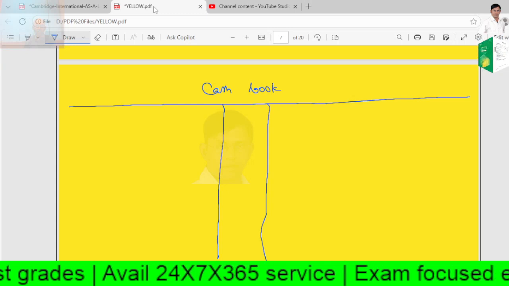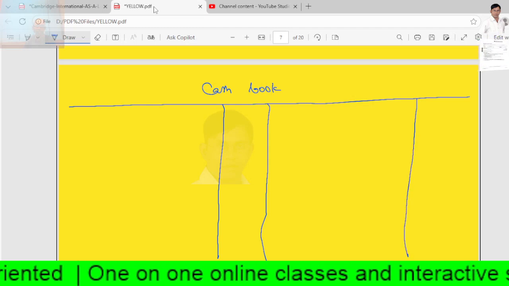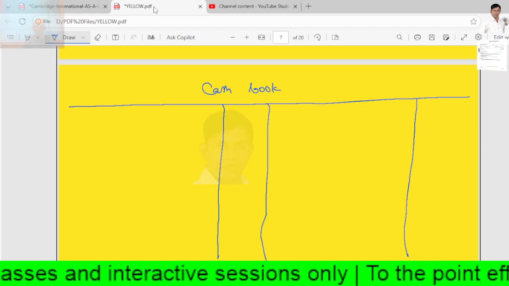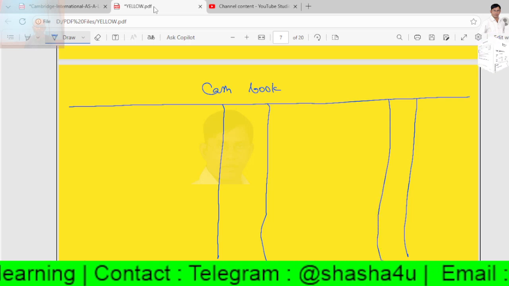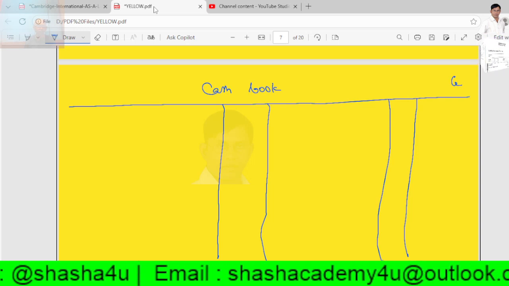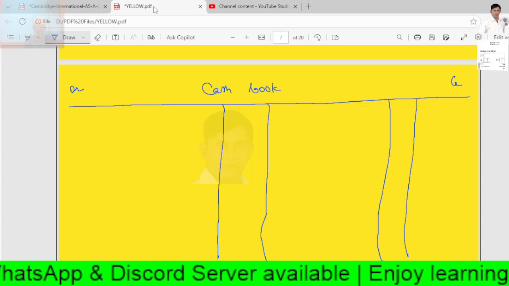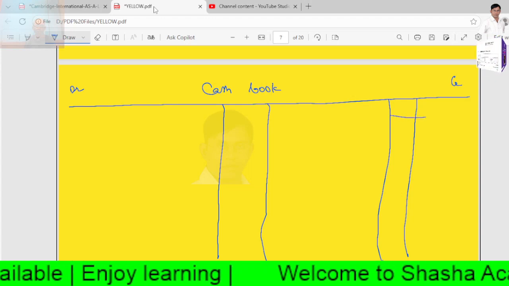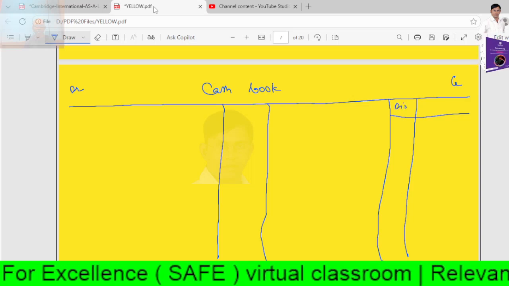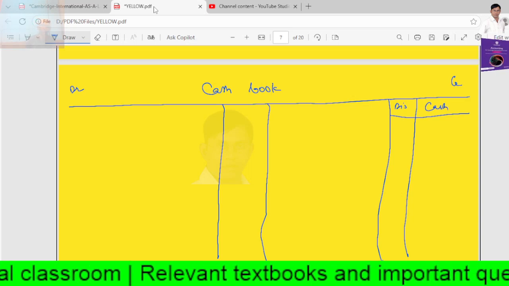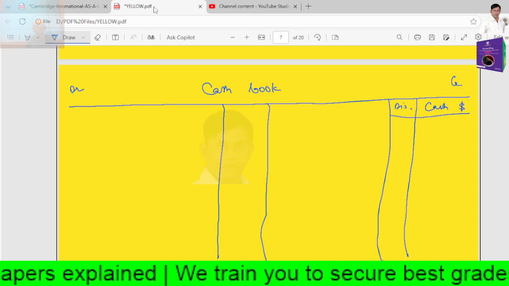Since we'll be paying, this side is always credit, this side is always debit. So this is the discount column, this is the cash column. It is in dollars.